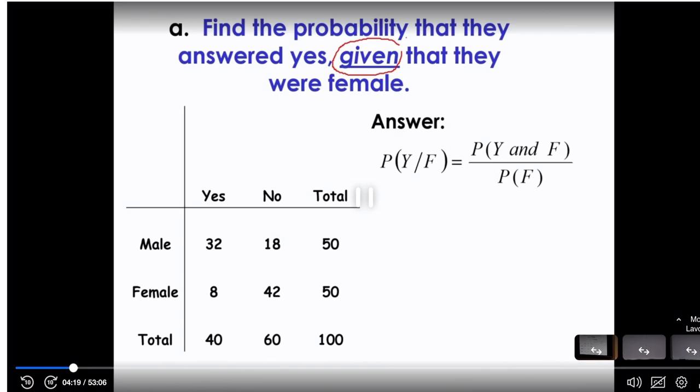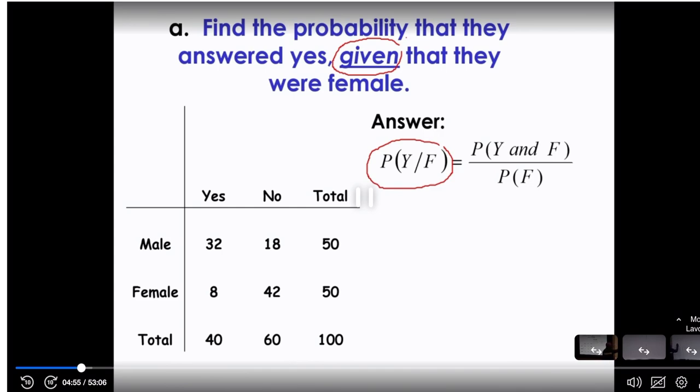Now, how are we going to interpret that mathematically? I need you to pay attention to that. I'm using Y for yes, and I'm using F for female. We're allowed to use our letters. So it means I want to find the probability of Y given F. This shouldn't be interpreted as this.